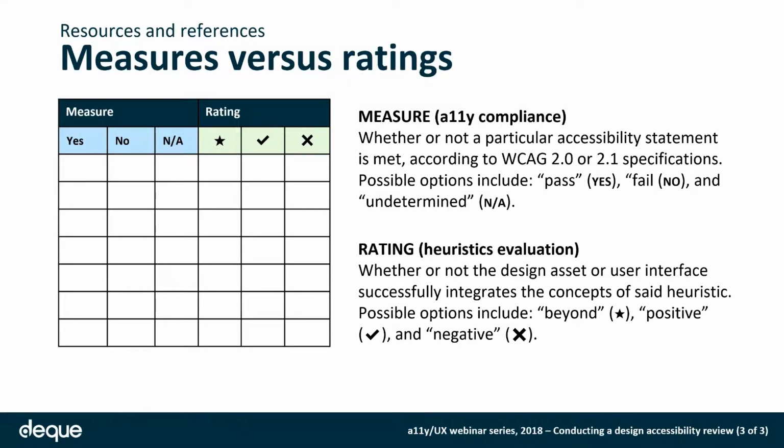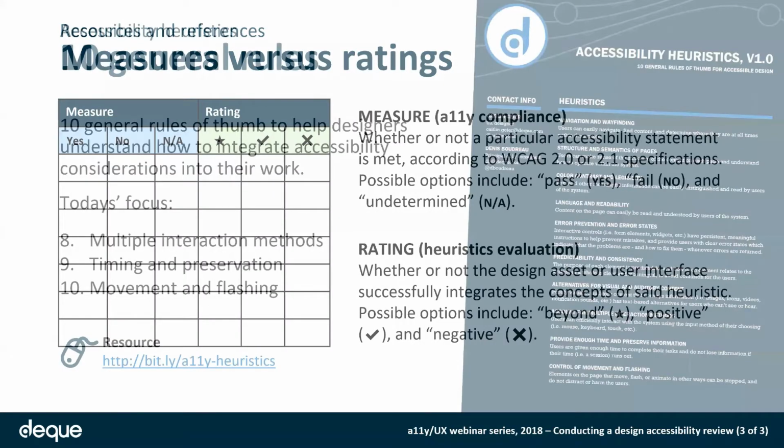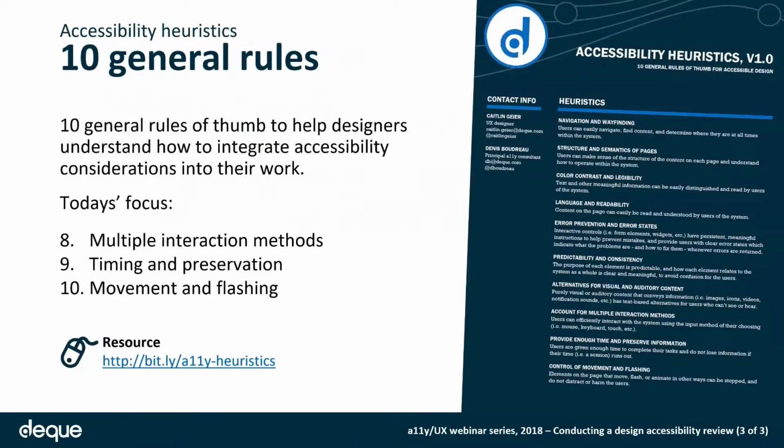So when you're only looking at design JPEGs or PNGs or whatnot, then some of those things you just can't measure. So that's basically how we use these things. As we go through the last three heuristics today, we can get back to that a little bit. But hopefully that helps set the context for how to use those grids.